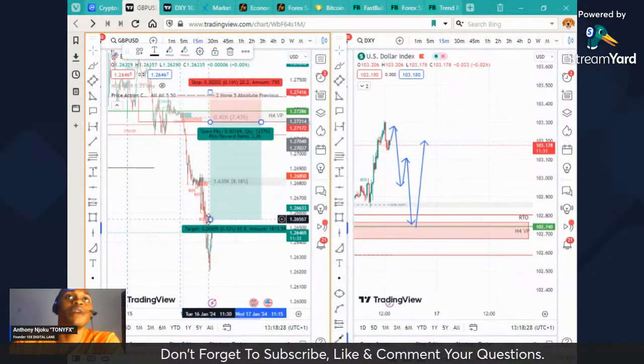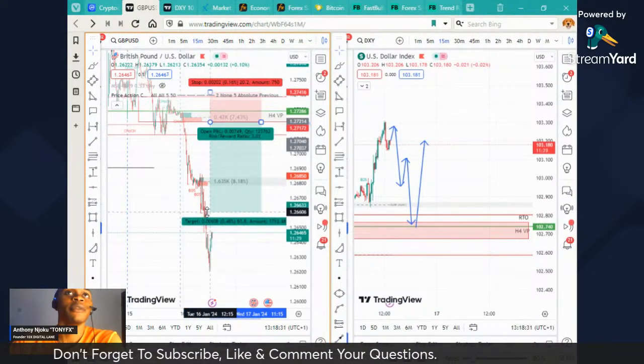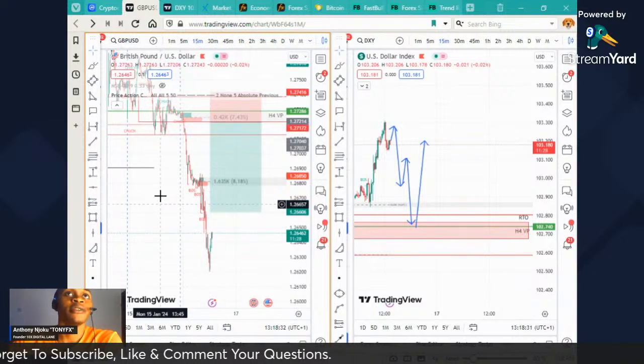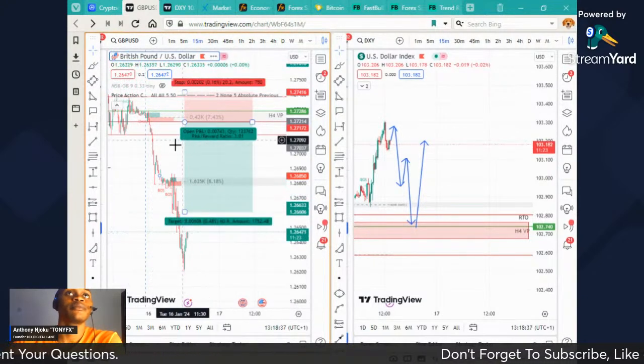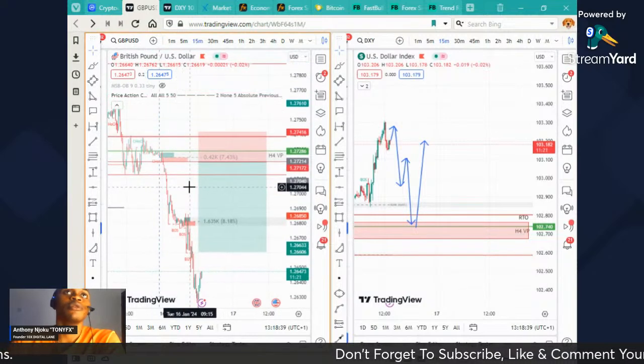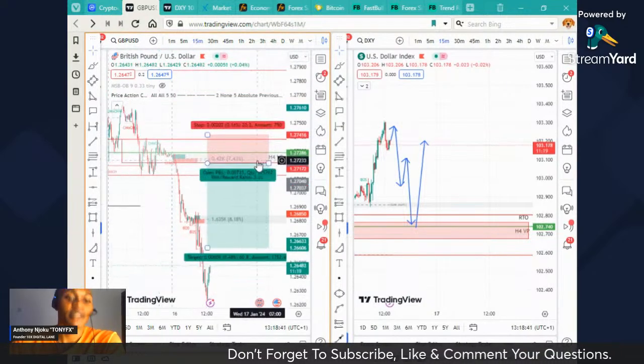We still have high chances of the market coming over here and continue the drop over here, which is closer to the 50 and the 60% Fibonacci level.